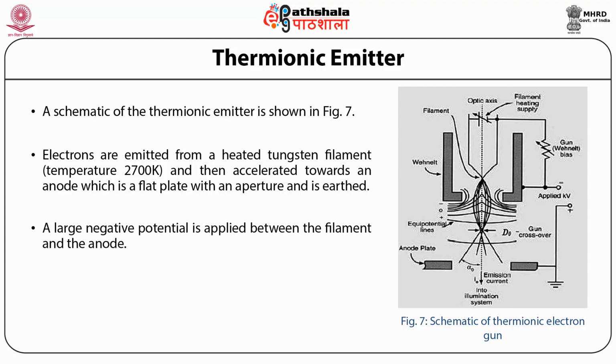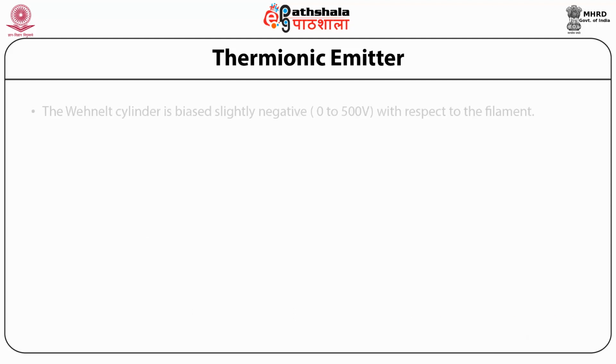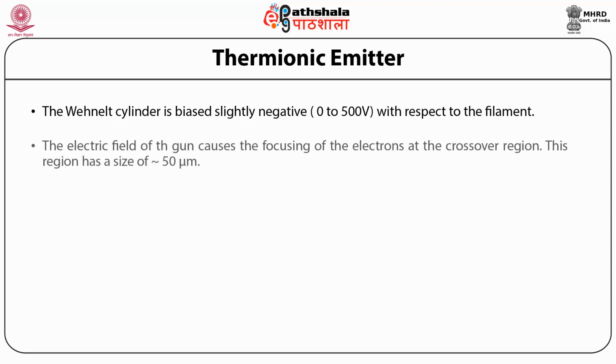A large negative potential is applied between the filament and the anode. The Wehnelt cylinder is biased slightly negative, from 0 to 500 volts, with respect to the filament. The electric field of the gun causes the focusing of the electrons at the crossover region. This region has a size of around 50 micrometers.